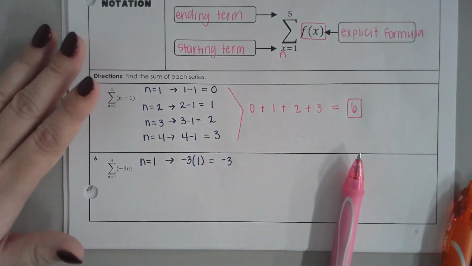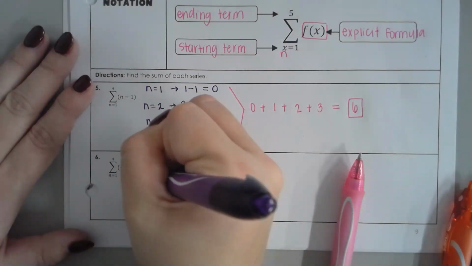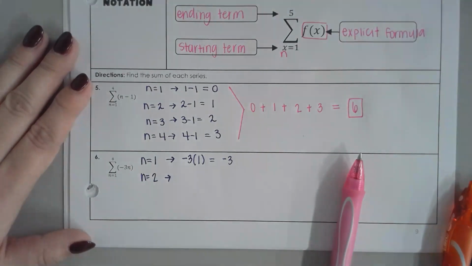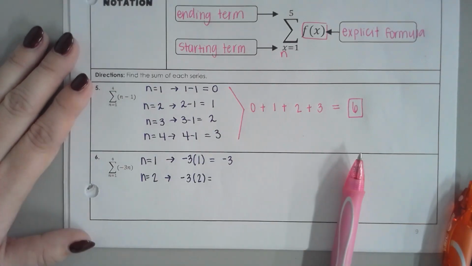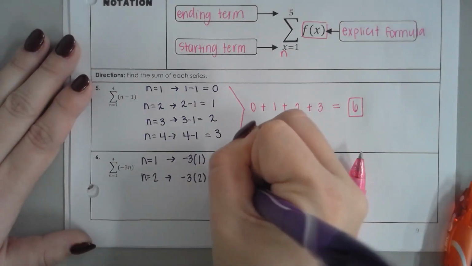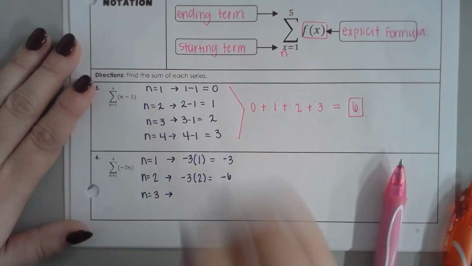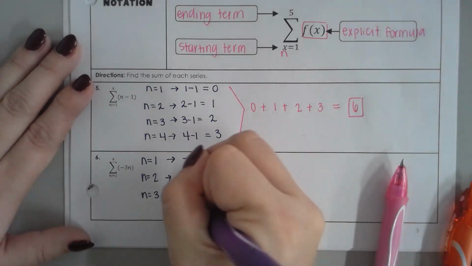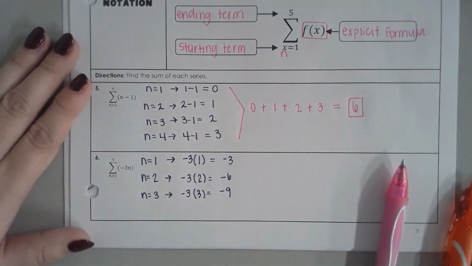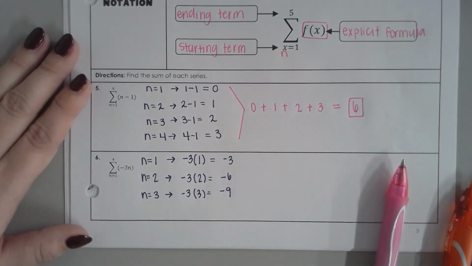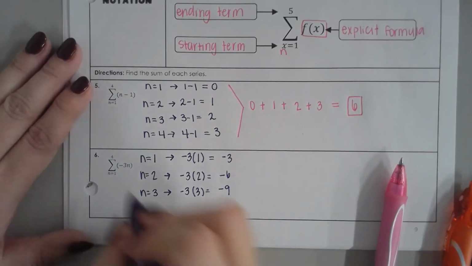So the first number in my list is a negative 3. The second number in my list, negative 3 times 2, is negative 6. The third number in my list, negative 3 times 3, is negative 9. So this is the sequence: negative 3, negative 6, negative 9, negative 12, negative 15.